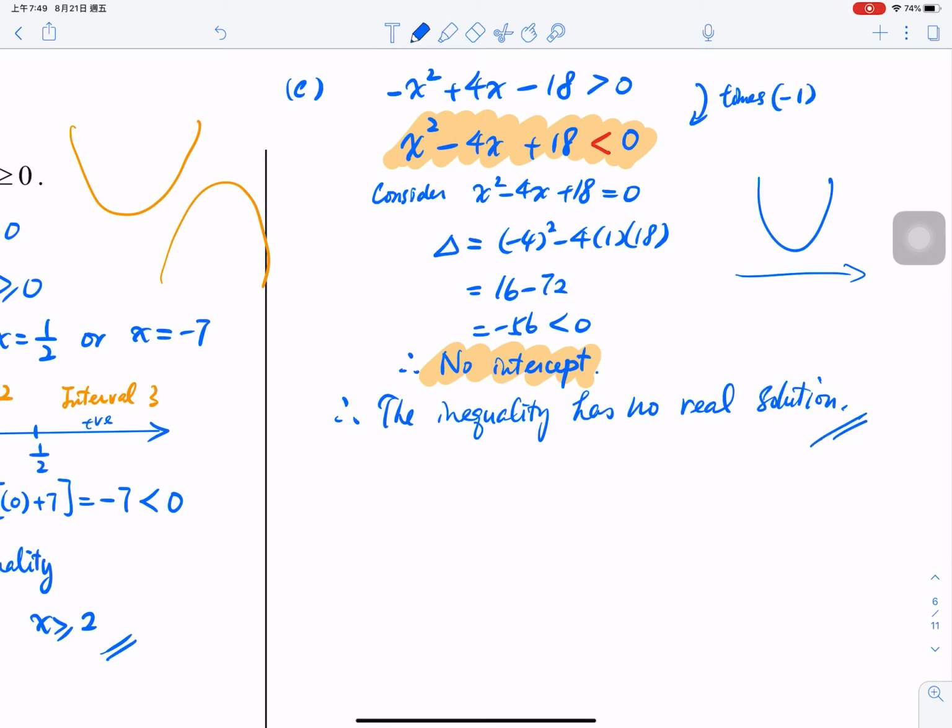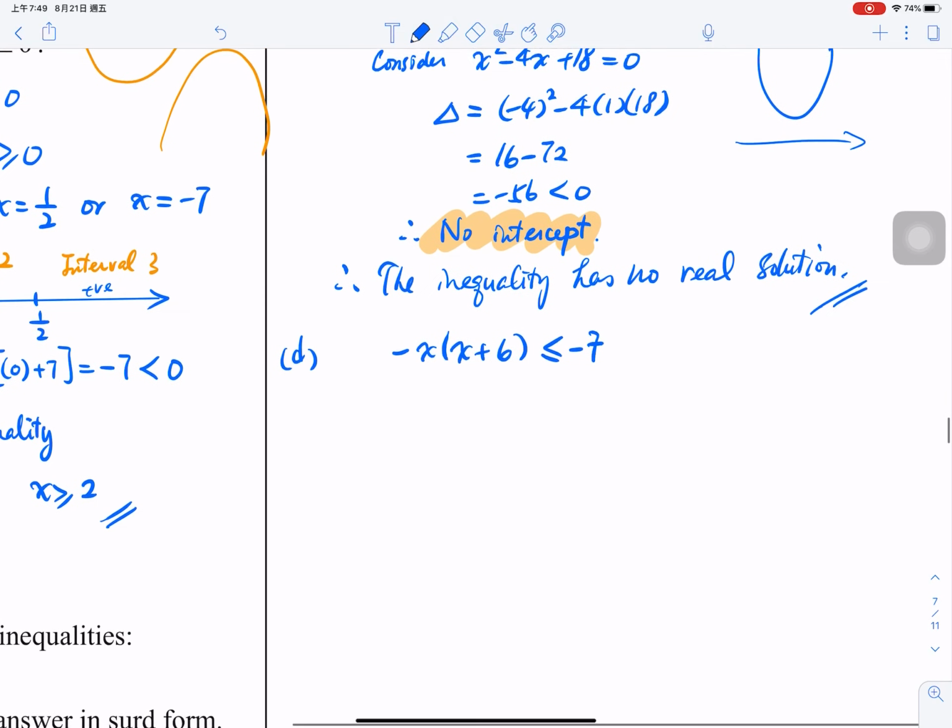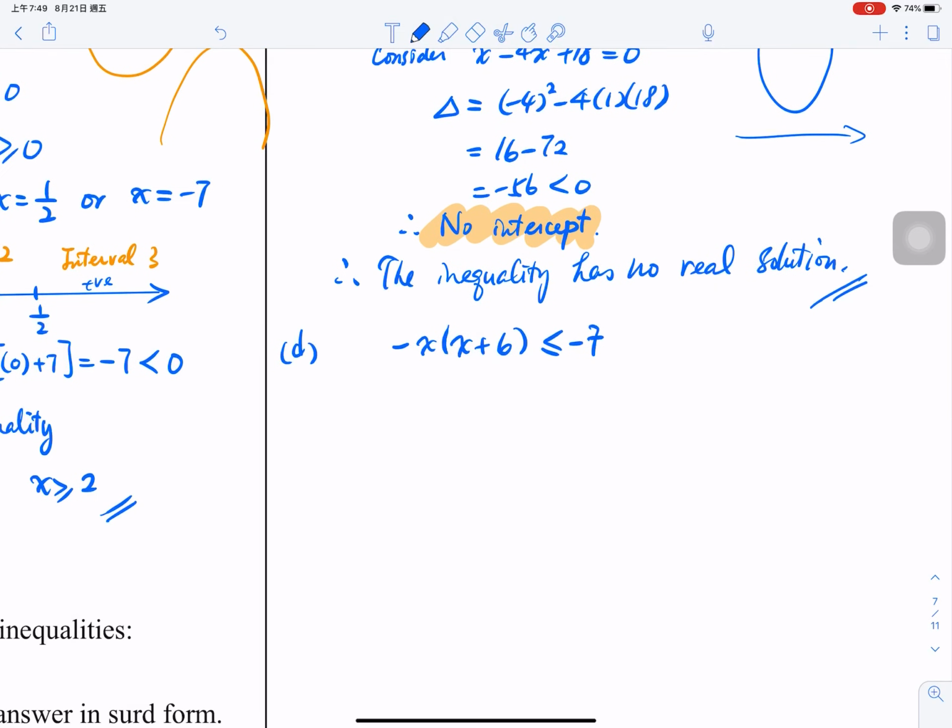Okay, this is the answer of part C. Going on, have a look at part D. Negative x times x plus 6 and then smaller or equals negative 7. What's this? Again, rewrite it. Negative x squared minus 6x plus 7 smaller or equals to 0.